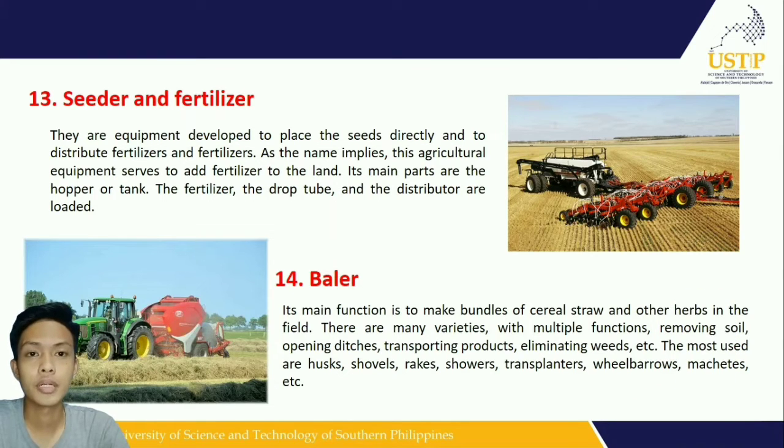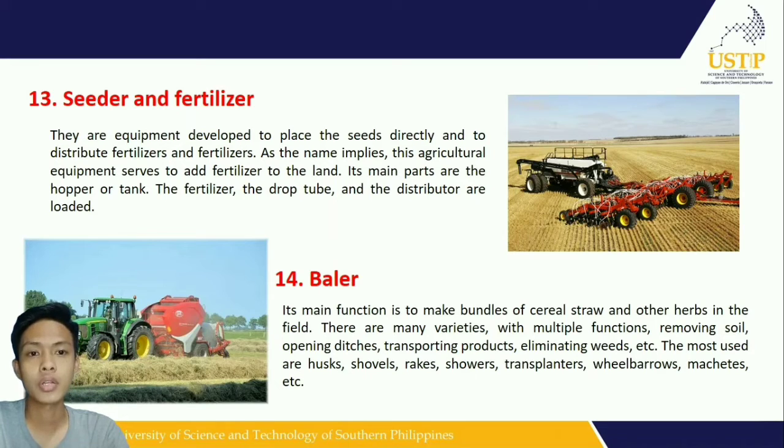Next that we have here is the baler. So unsa maning baler? Its main function is to make bundles of cereal straw and other herbs in the field. There are many varieties with multiple functions: removing soil, opening ditches, transporting products, eliminating weeds, and more. The most used are hoes, shovels, rakes, sprayers, transplanters, wheelbarrows, machetes, and more.